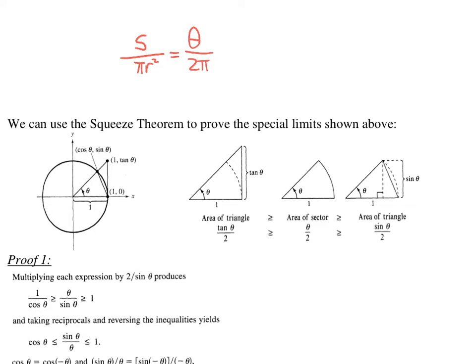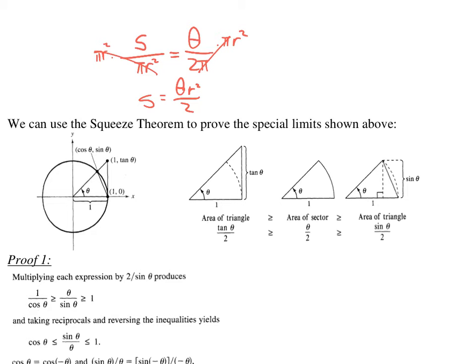Okay? Well, if I were to multiply both sides by pi r squared, okay, to solve for the area of a sector, S is going to equal, notice the pi's cancel out, and it's going to be theta r squared over 2. Well, if we're in the unit circle, what's r? 1. Okay, so that's how we're getting the area of a sector here to be theta over 2.